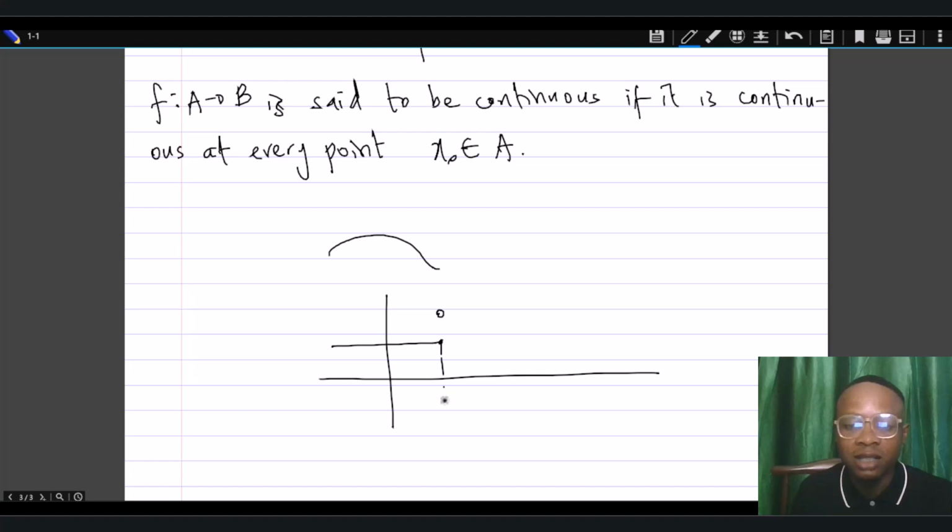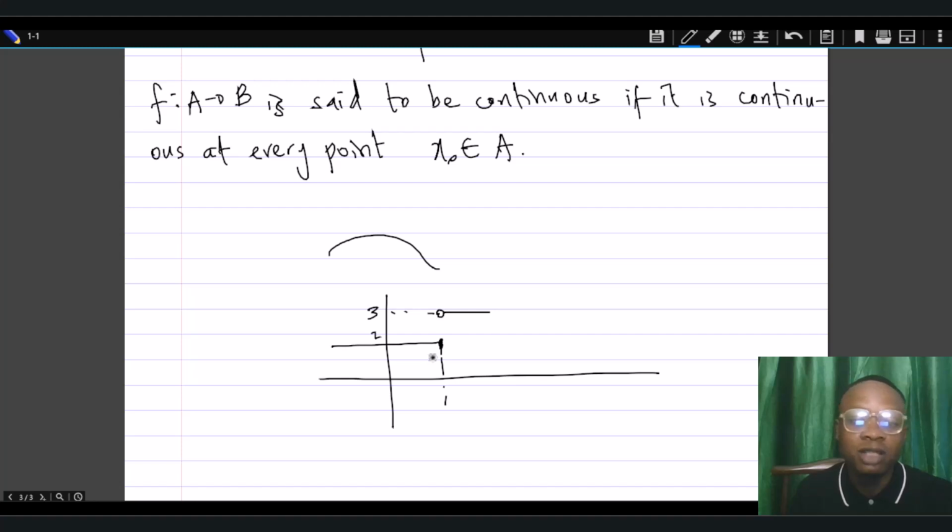Let's say this is x equal to 1, and the function is defined at this point to be, let's say, 2 here, and then from every value that's greater than 1, the definition is now 3. That will be a discontinuity because we are still in the domain of the function. Everywhere here is the domain of the function, but we have to jump from this point to this point. That is a discontinuous function.